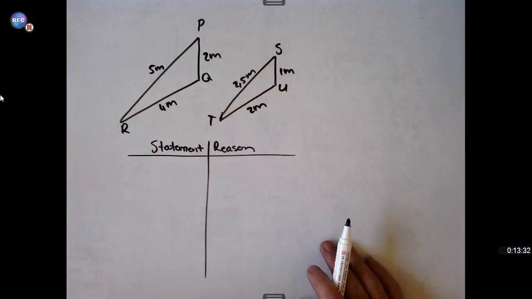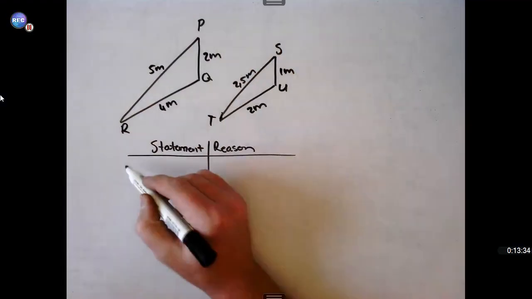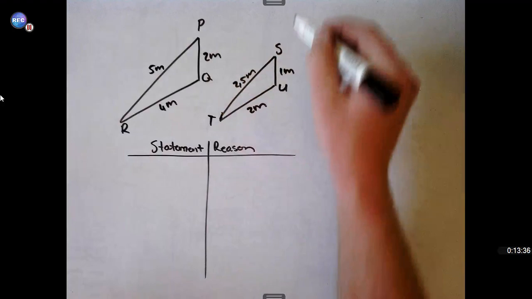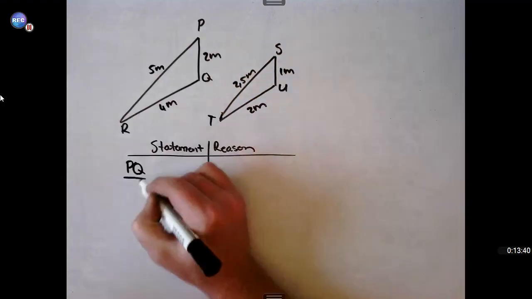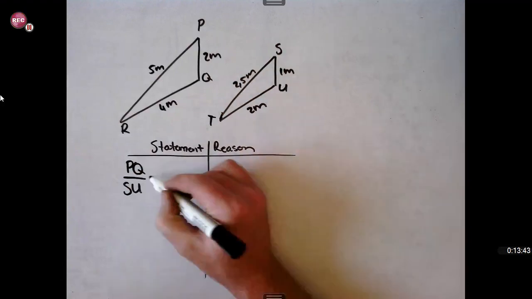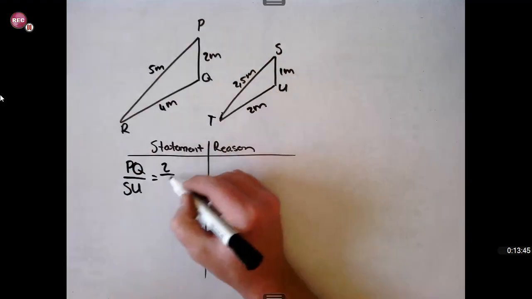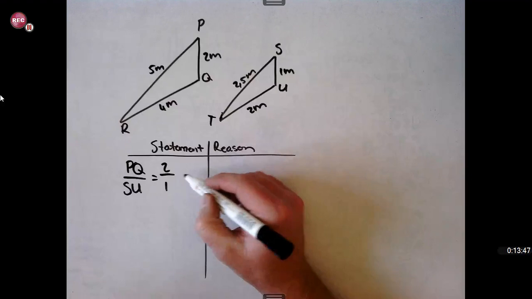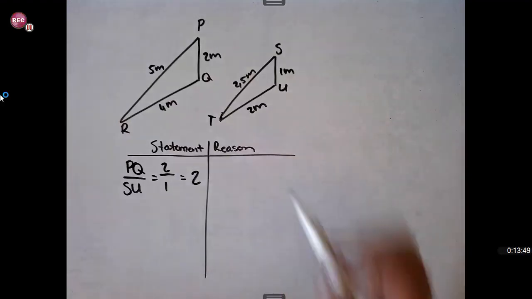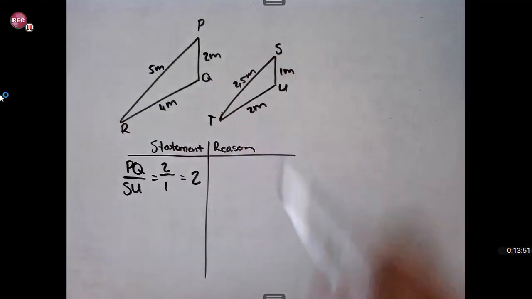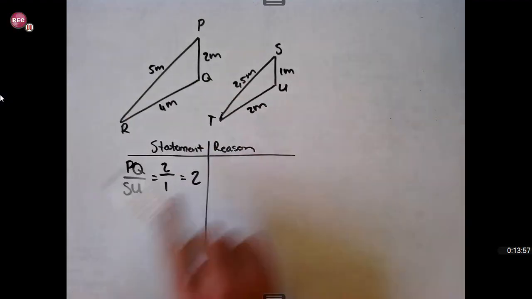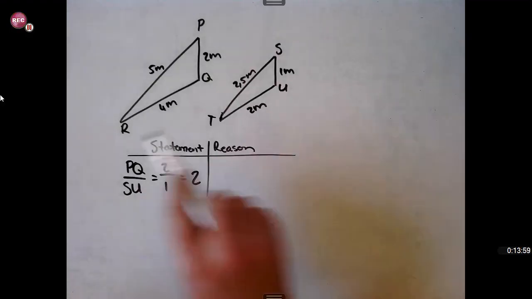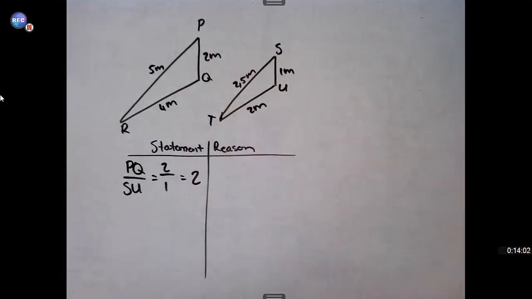Okay, so I'm going to start with the corresponding sides, PQ and SU. So PQ over SU. And that would then be 2 meters over 1 meter, and that is equal to 2. So your ratio for these 2 sides is a 2. Okay, then I'm going to carry on with the corresponding sides of QR and UT.